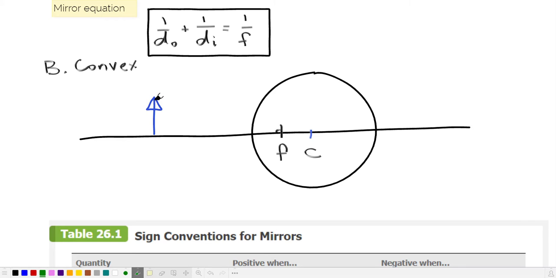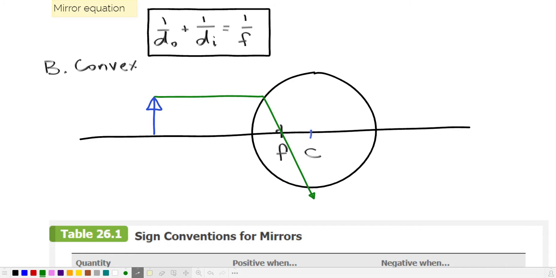So following my rules for ray tracing, the first one is parallel to the axis: parallel in, focal point out. Okay, well, the focal point's here, so does it make sense for light to travel through the surface of the sphere to that focal point?